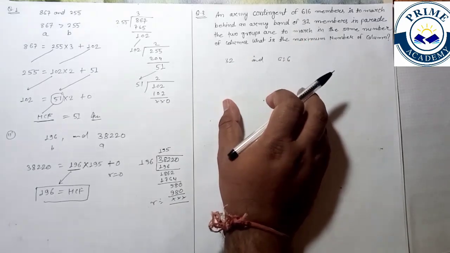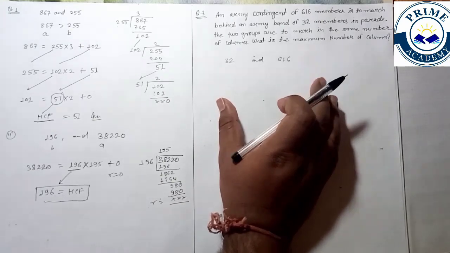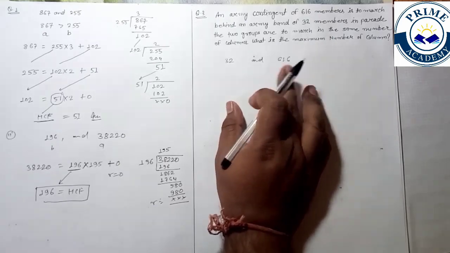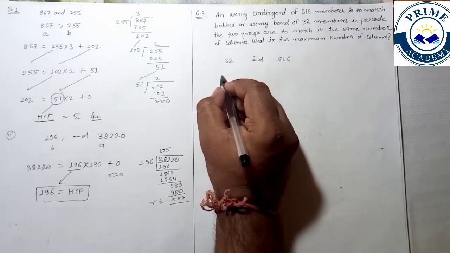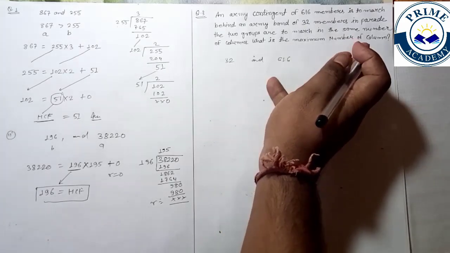We have to divide the two groups into columns. To get the columns, that column number must be the HCF of these two numbers. So to get the HCF of these two numbers, you will get the number of columns, right?